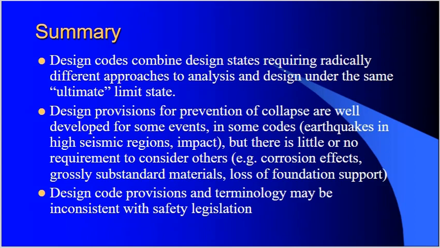Design provisions for prevention of collapse are well developed for some events and in some codes, for instance earthquakes in high seismic regions and impact, but there is little or no requirement to consider other causes of collapse, for instance corrosion effects or grossly substandard materials or loss of foundation support.